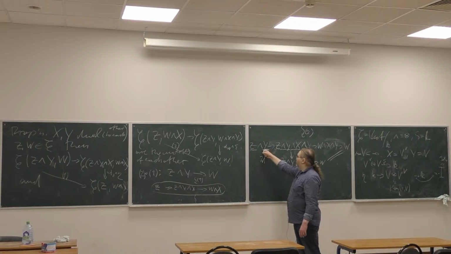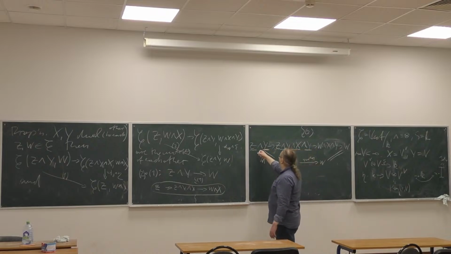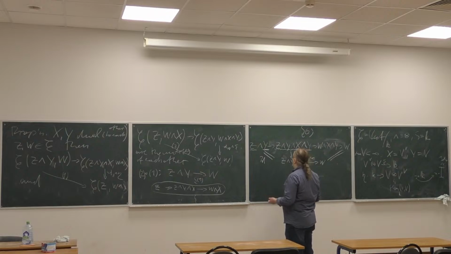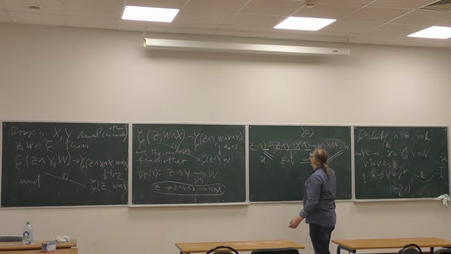We go from Z to Z wedge Y wedge X by the co-evaluation, and then we smash it with the identity of Y.